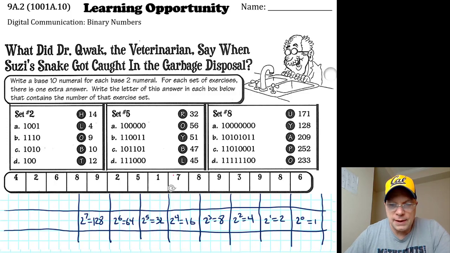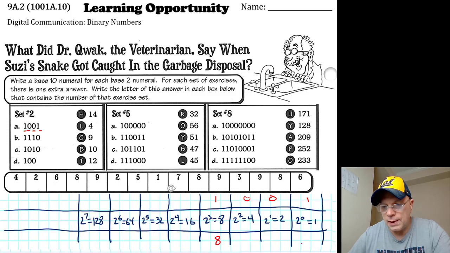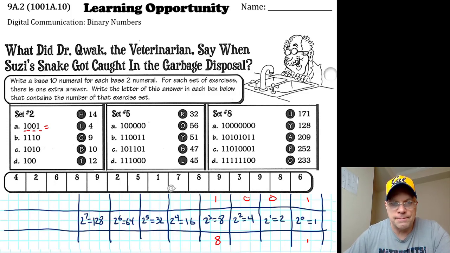A 1 in the 8's place, no 4's, no 2's, but a 1 in the 1's place. So that's 8 and 0 and 0 and 1. That's how I knew this was 9. This next one, I have my 8. I don't have any 1's, but I do have a 4 and a 2.